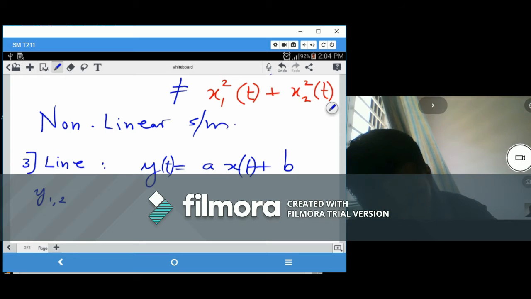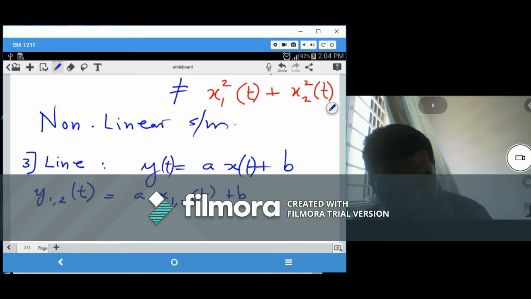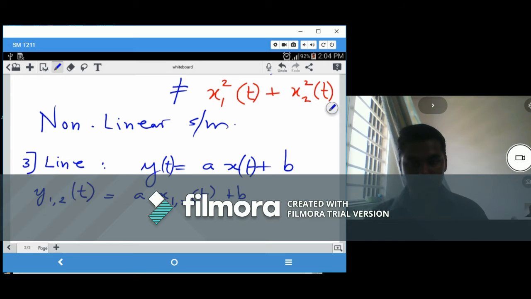So I can write y1 comma 2 of t is a x1 comma 2 of t plus b. So you should read this as two equations. The first equation is y1 of t equal to a x1 of t plus b, and y2 of t equal to a x2 of t plus b. So this is the shorthand representation of the two equations.